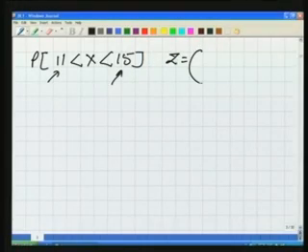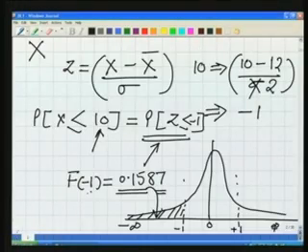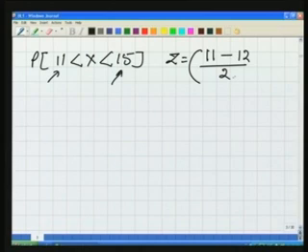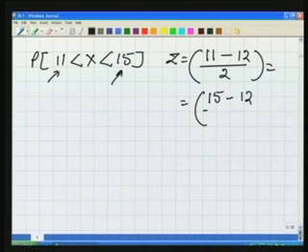How do we do that? We have seen that already, as we saw here, x minus x bar divided by sigma. So the value of x here is 11 minus 12 divided by 2, and in the other case that is 15 minus 12 divided by 2.